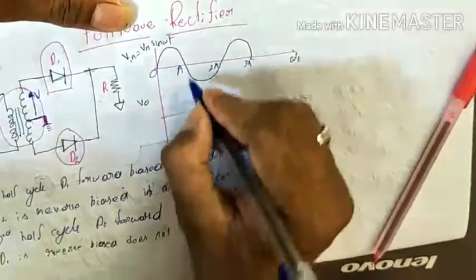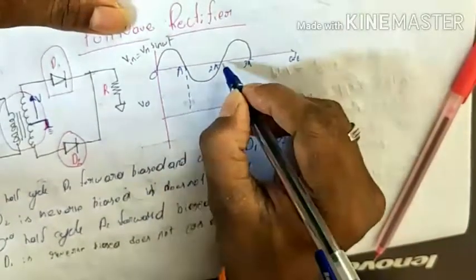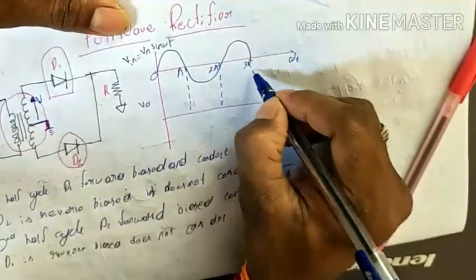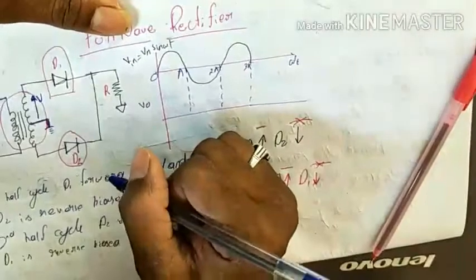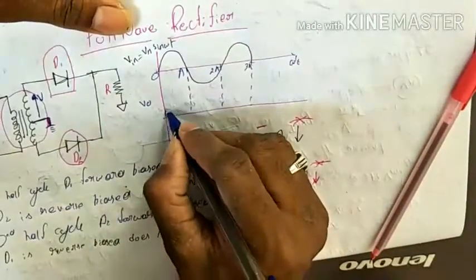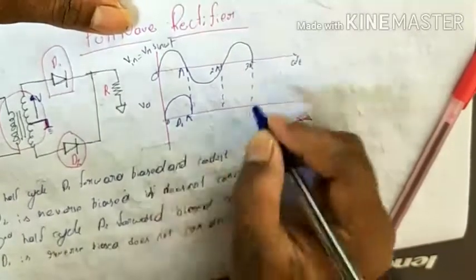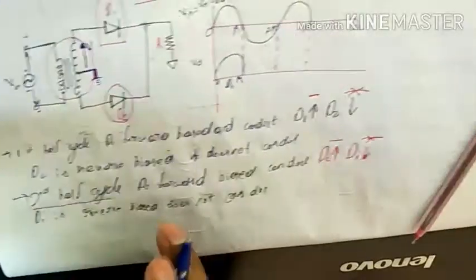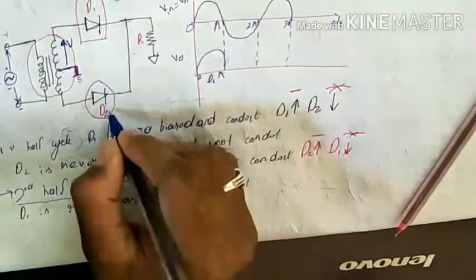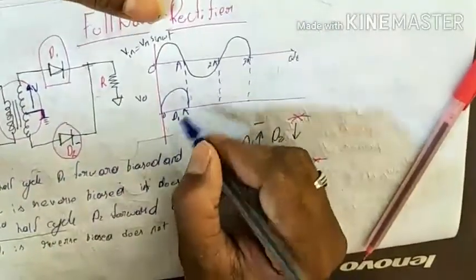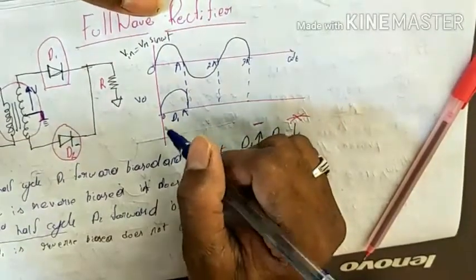For the first half cycle, from 0 to π, the diode D1 is forward biased. In the second half cycle, diode D2 is forward biased and diode D1 is reverse biased.